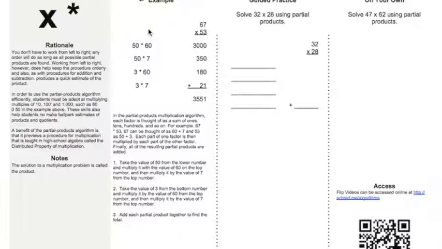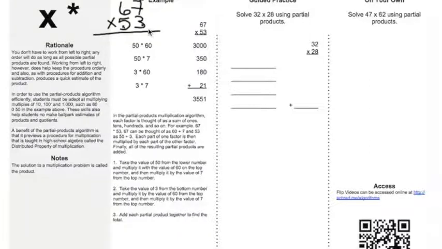Okay, so let's talk about what that means here. I've got 67 times 53. For the sake of staying in one procedure, I'm going to take each digit in the bottom factor.